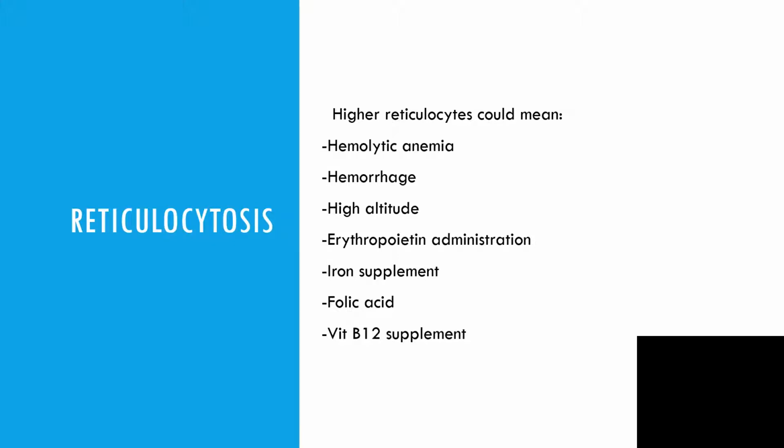Reticulocytosis, that is a higher reticulocyte count. Under which situations are we going to get this? It's possible under hemolytic anemia. It's possible when there is hemorrhage, when there is high altitude, or there is administration of erythropoietin.